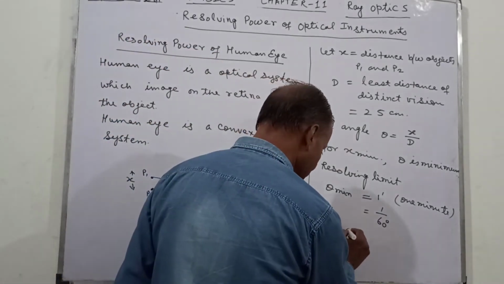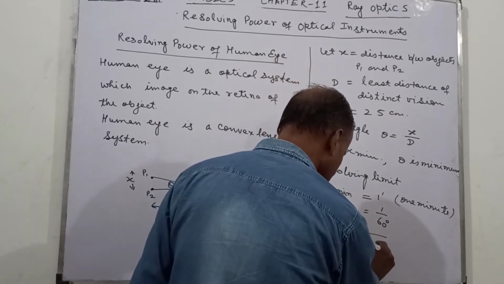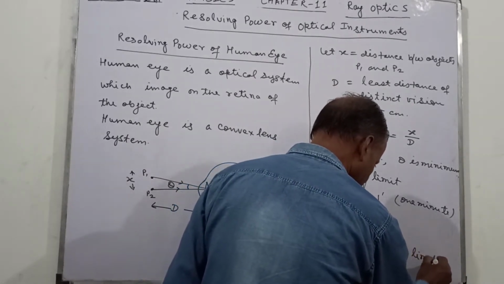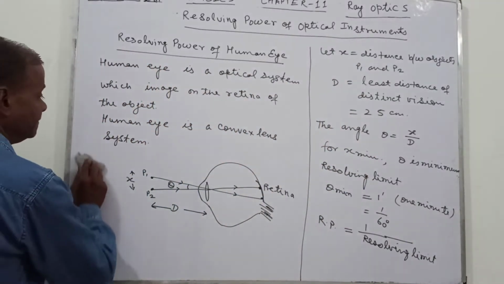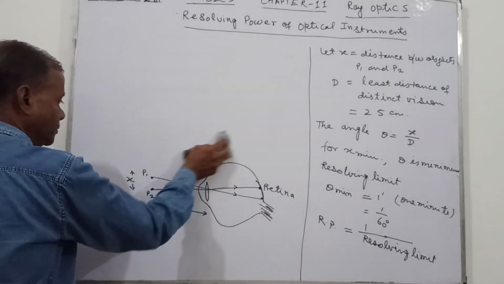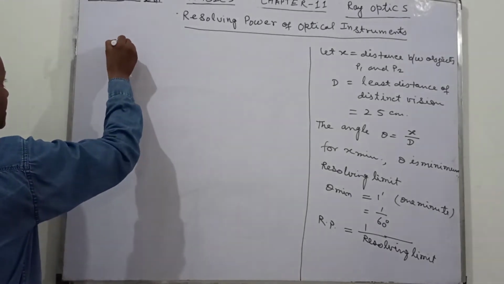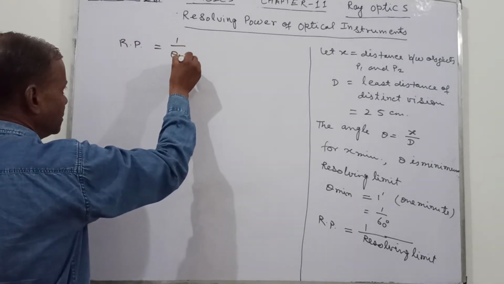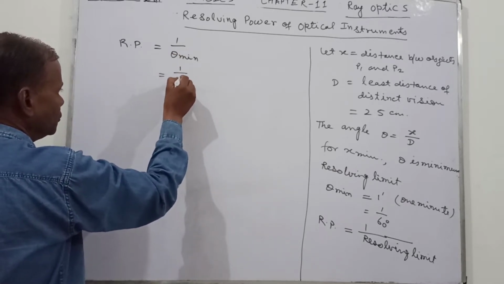So resolving power Rp is equal to 1 upon theta minimum, so this is 1 upon 1 minute.